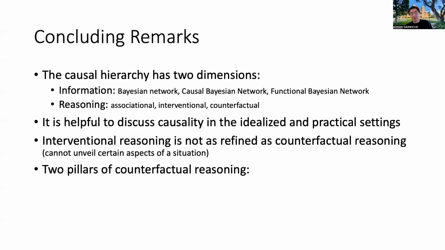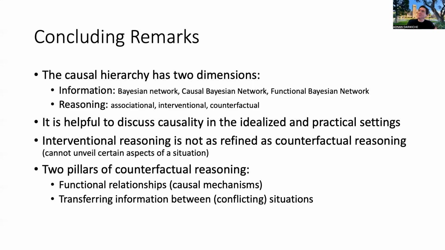And the last thing I want to end with is that there are really two pillars of counterfactual reasoning when you think about it. First, this notion of functional relationships, causal mechanisms, which allows you to see the blueprint of a situation. And second, this notion of being able to transfer information from one situation to another, which could possibly conflict.